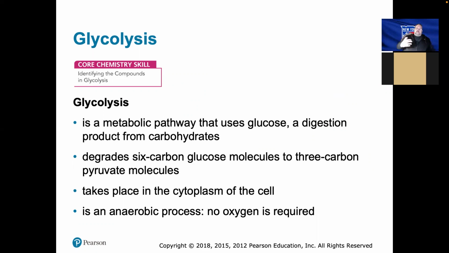Well, in glycolysis, glucose molecules, which contain 6 carbons total, are broken down into 3-carbon pyruvate molecules. This takes place in the cytoplasm of the cell, and it's an anaerobic process, which means that no oxygen is required. Aerobic processes require oxygen to occur; an anaerobic process does not.